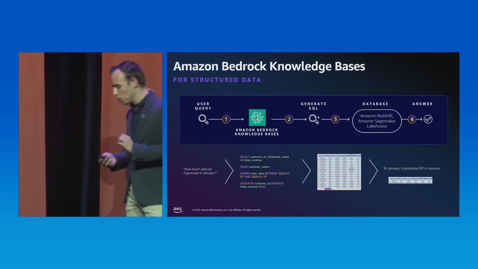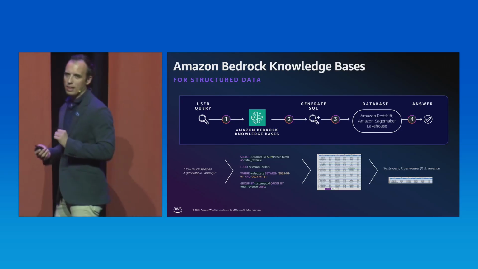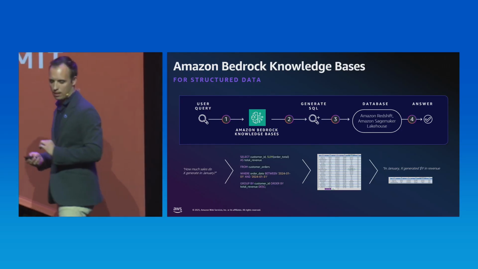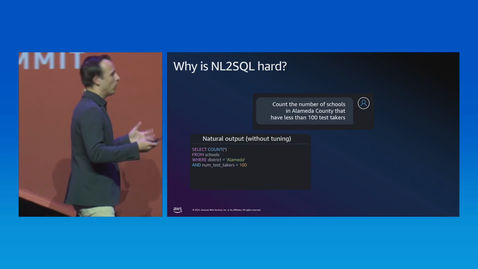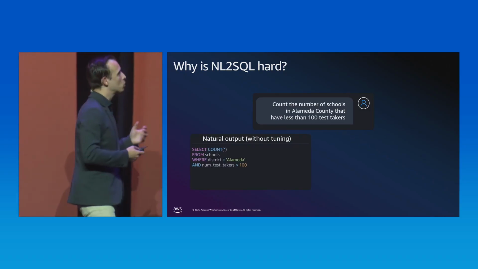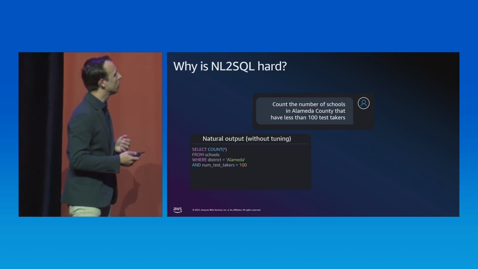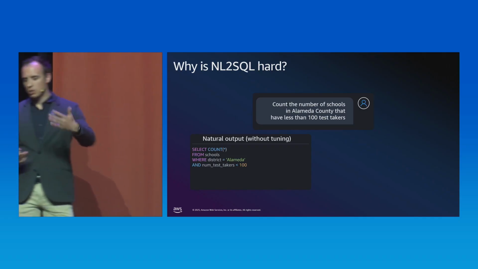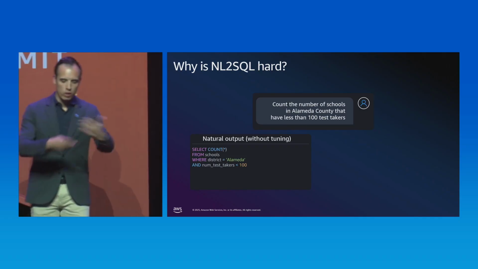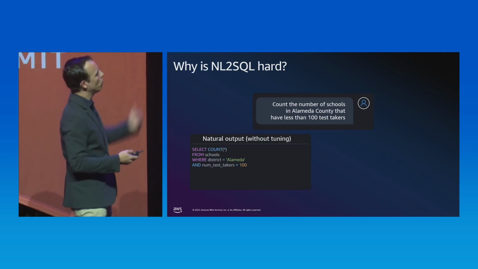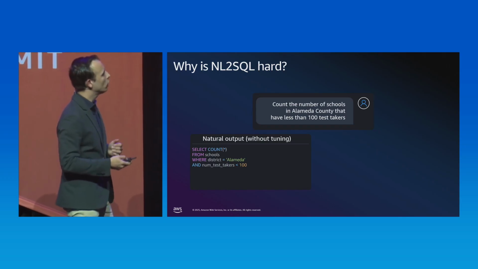Well, when it comes to natural language to SQL, it's actually a little bit more complex than just this. So imagine this query, right? A different scenario. We've got schools and we've got test takers. If I would just pass this to a regular large language model, it will come up with a translation something like this. It all looks good.